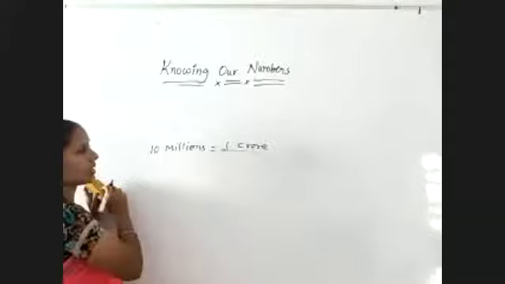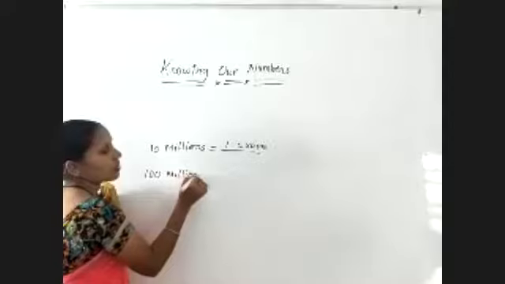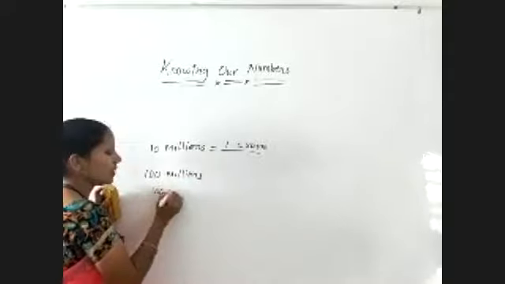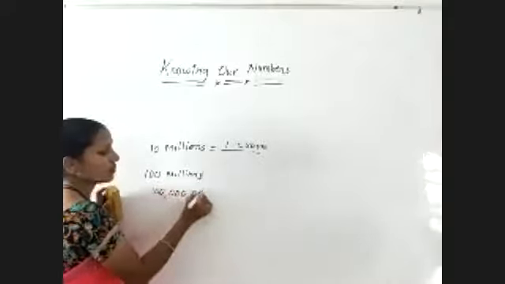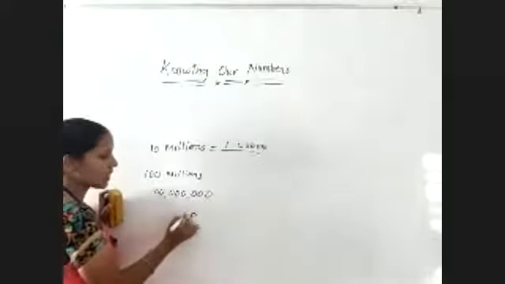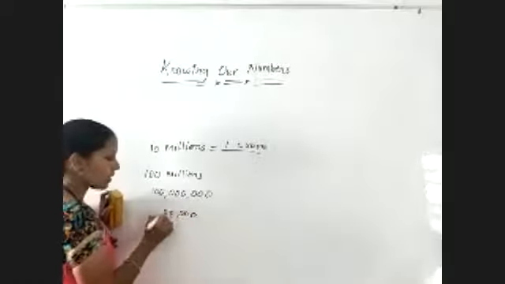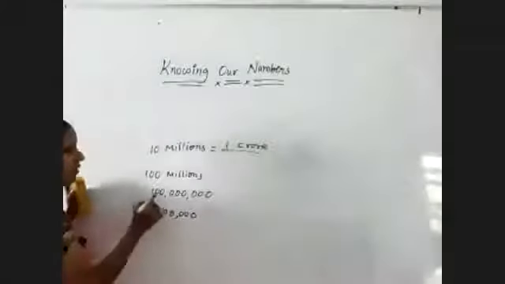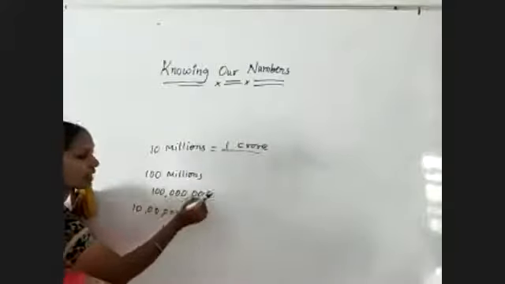Suppose I have written 100 millions. Write the number 100 millions. Now translate it into the Indian place value system. 3 zeros first we will take. Again 2 zeros. Next 2 zeros. Next, 1, 2, 3, 4, 5, 6, 7, 8 zeros are there.